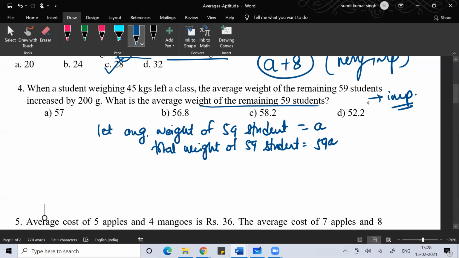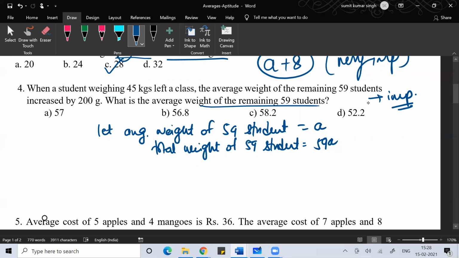So what is mentioned in the problem is that when a student weighing 45 kg left the class, the average weight should increase by 200 grams. I'm trying to do this question in reverse order.